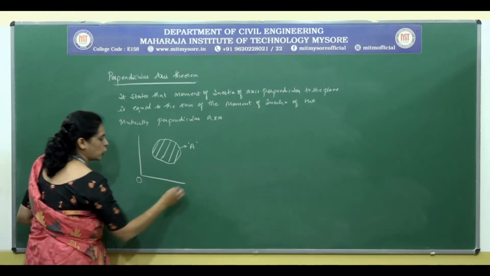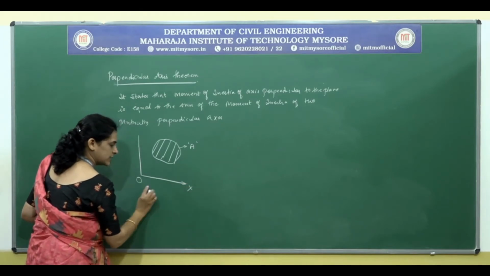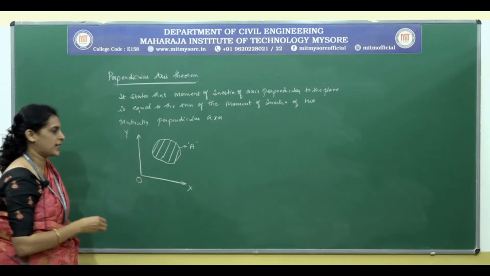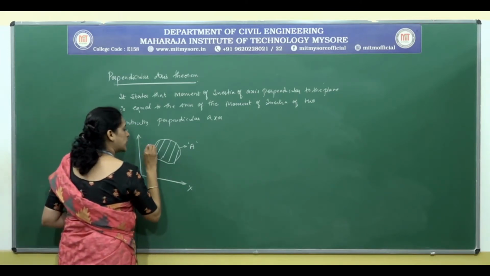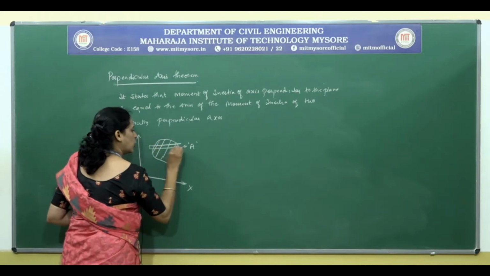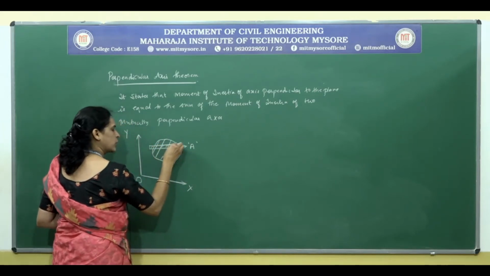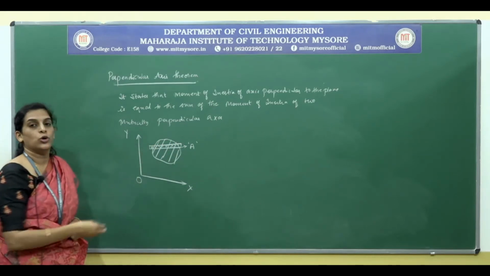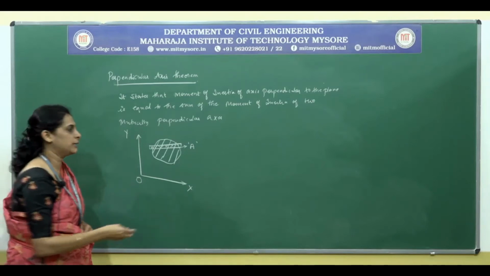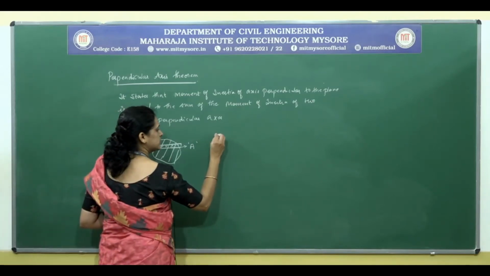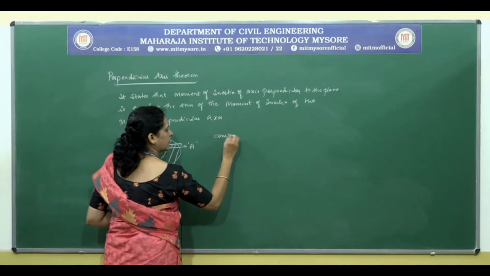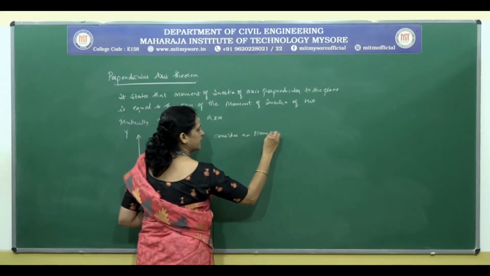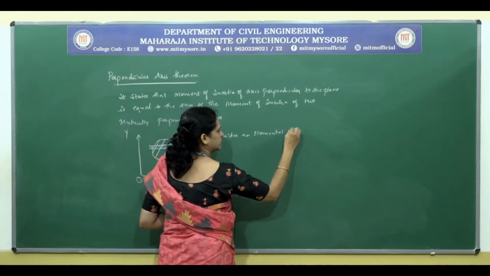Here is the reference origin, OX is the reference axis, OY is one more reference axis, of which we will consider one small or one elemental strip. So, in order to prove this theorem, we shall consider an elemental strip.